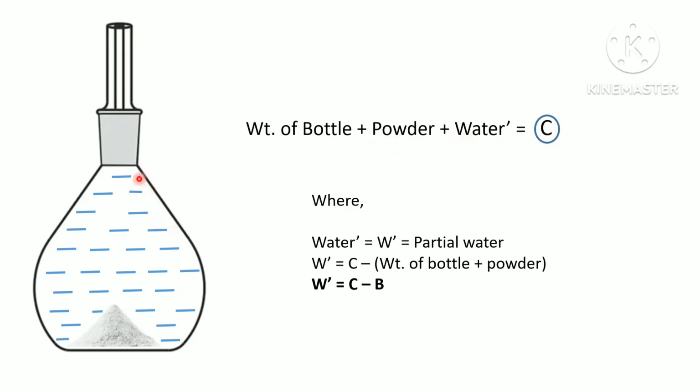That means the bottle is not completely filled with water, rather it is partially filled with water as well as partially filled with the powder. So that's why I have denoted it with W dash, where W dash is equal to partial water, and W dash is equal to C minus weight of the bottle plus powder. We can write it in this form, W dash is equal to C minus B.